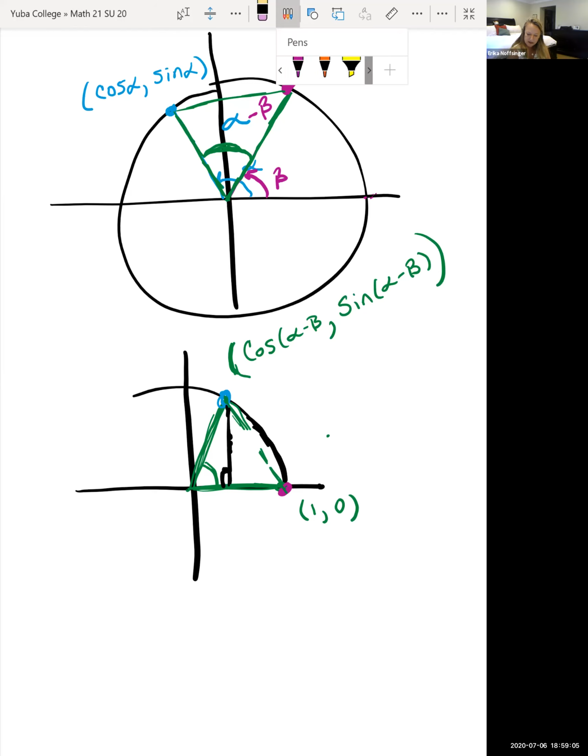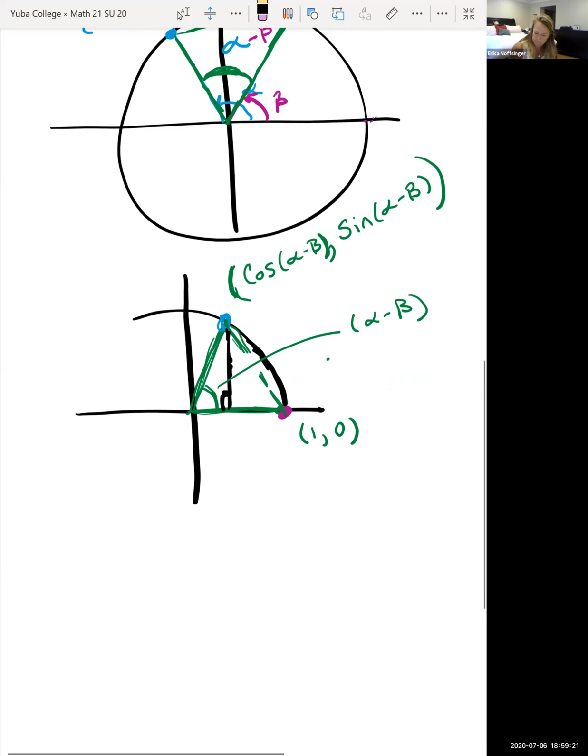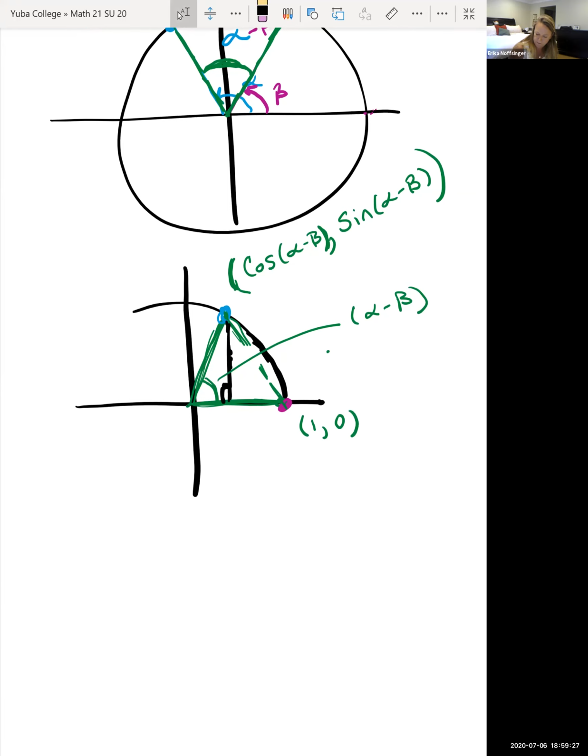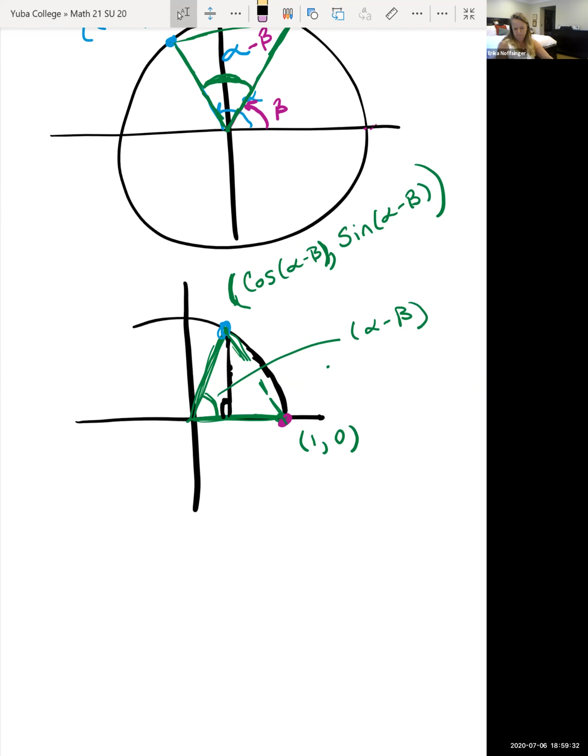I'm stuck. Now I'm going to use the distance formula. Okay, let's look at this distance between these 2 points, in here.